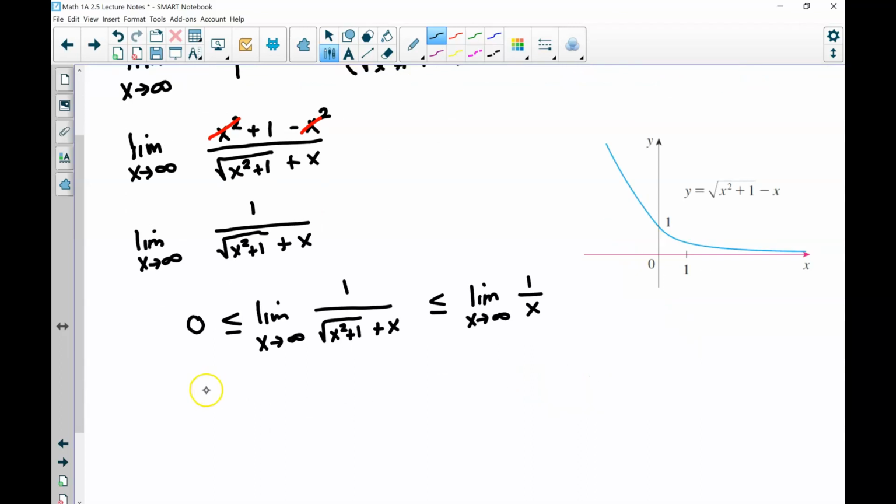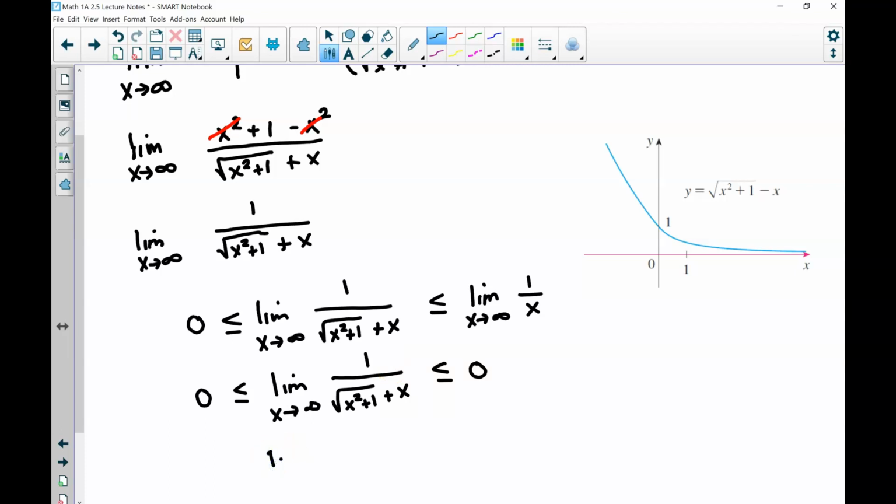Well, what we know is that the limit as x approaches infinity of 1 over x, by definition, and what we saw in the previous slides, is equal to 0. So that means that this limit, according to the intermediate value theorem, that 0 is in between there.